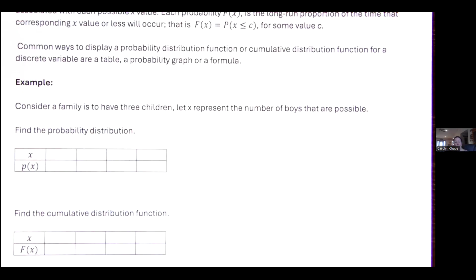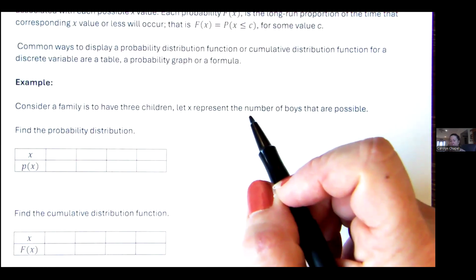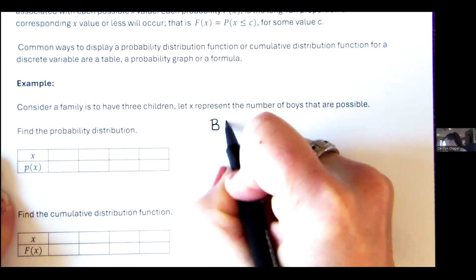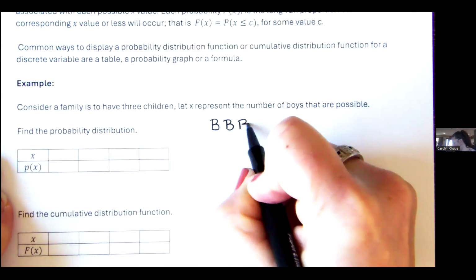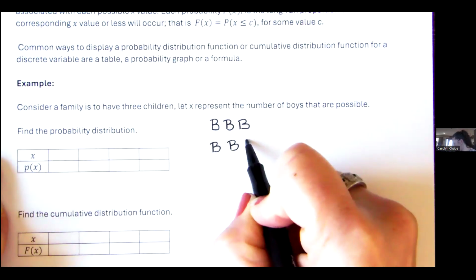A family is going to have 3 children. X is going to be the number of boys that are possible. So we're having 3, and I'm going to write down all of my possibilities in a systematic way. I'm going to let B stand for boy and G stand for girl. So we could have had a boy, a boy, a boy, a boy, a boy, and a girl.